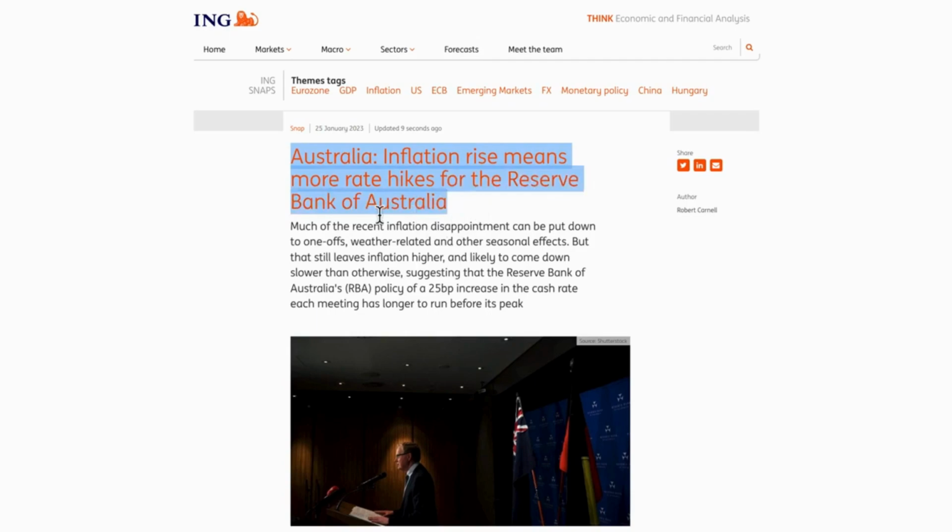Forex exchange rates are driven by three main things: central bank monetary policy, which is dictated by inflation and GDP, as well as some sort of risk sentiment.